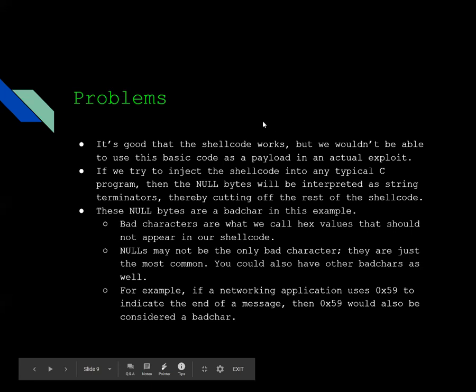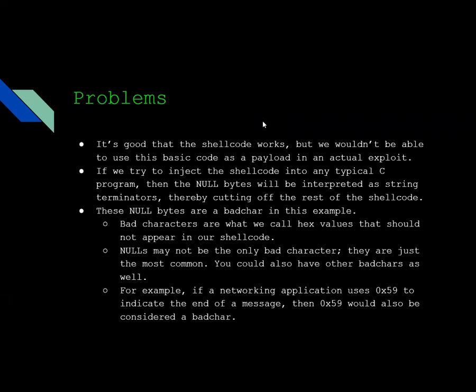There are a few problems with the shellcode that we just created. It works when we execute it, but if we actually try to inject this into an actual exploit, then it would not work. The reason is that there are null bytes. These null bytes are going to be interpreted by most C programs as string terminators. When the C program sees these null bytes, it will just cut off the rest of the shellcode.